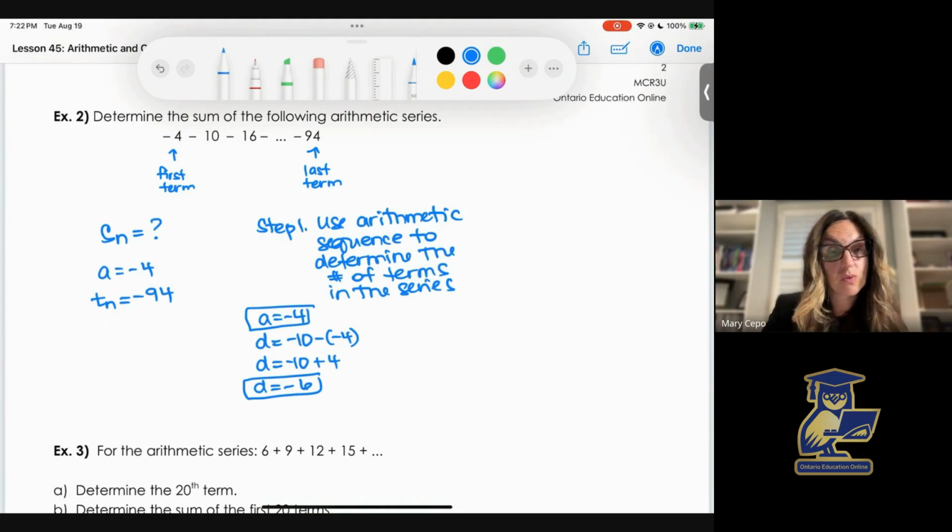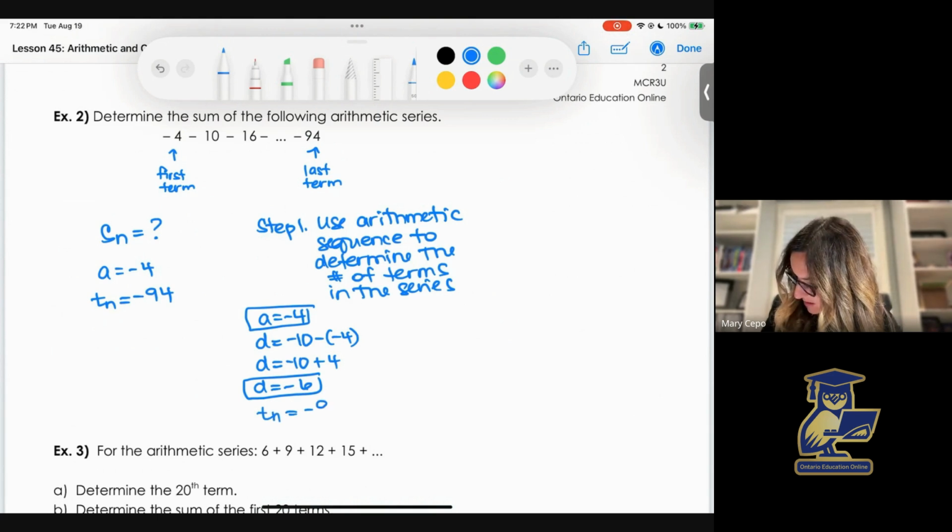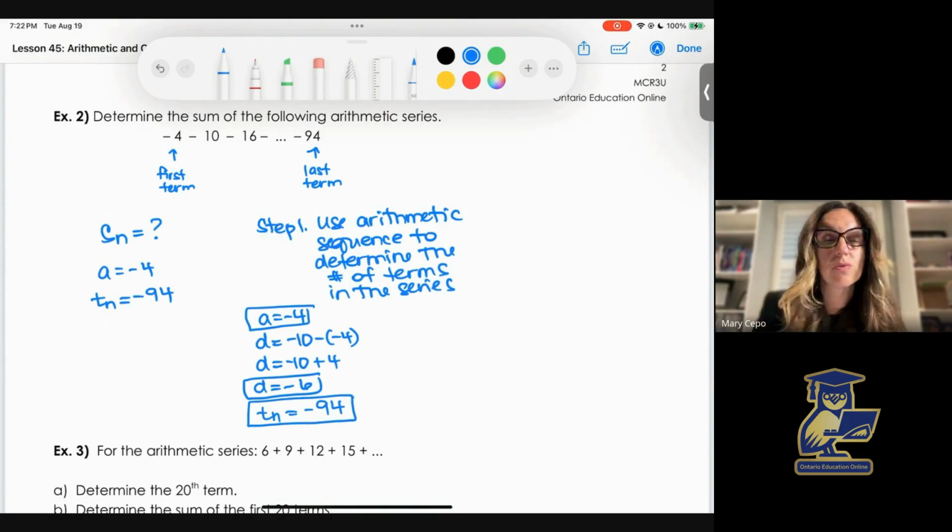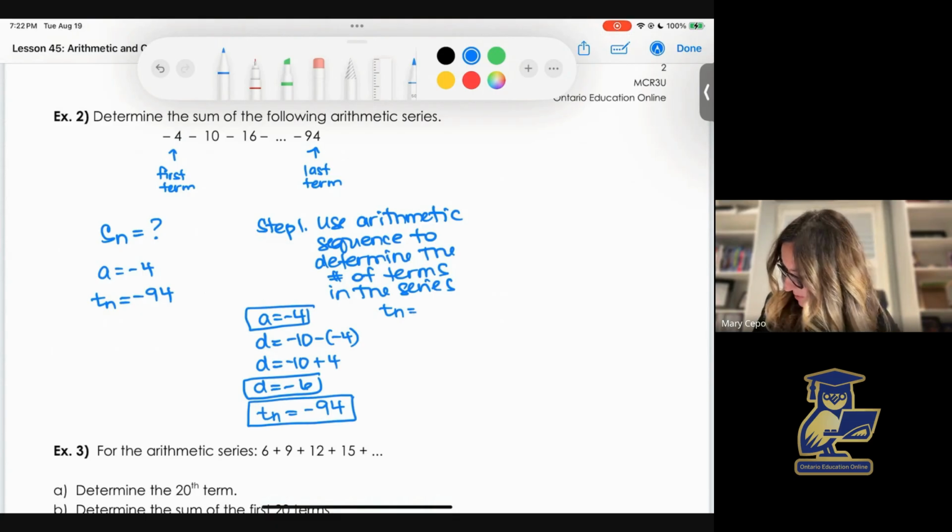Okay? We also know what the last term is. So Tn is equal to -94. We can use that information to determine n, the number of terms. So we know the formula for arithmetic sequence is a plus n minus 1 times your d. So we're going to say -94 is equal to -4 plus n minus 1 times -6.